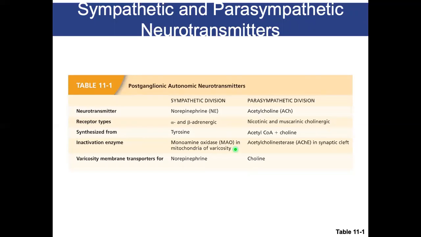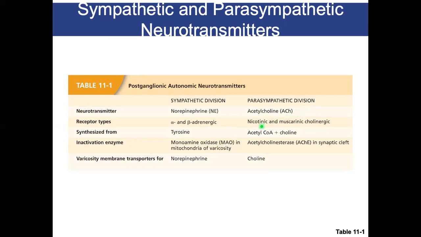The old school antidepressants were MAOIs, which are monoamine oxidase inhibitors, and they blocked the inactivation enzyme, the MAO, so that it couldn't break down norepinephrine. So norepi actually sat in that synapse and stimulated nerves. For parasympathetic, the neurotransmitter is acetylcholine.